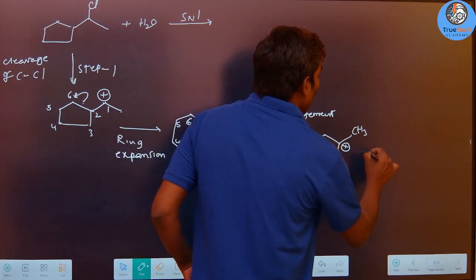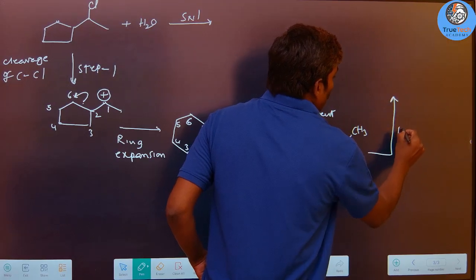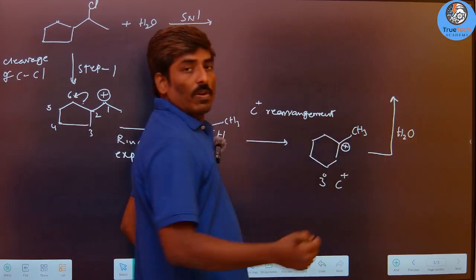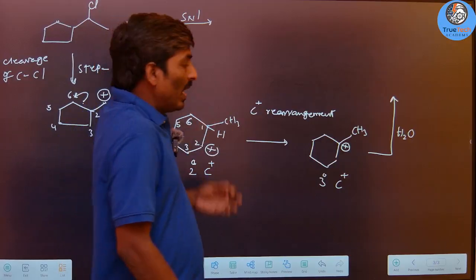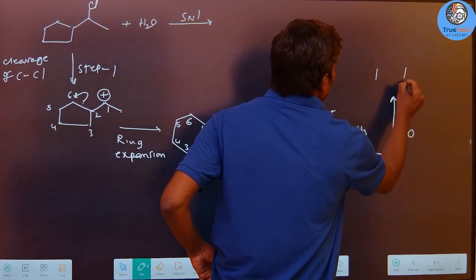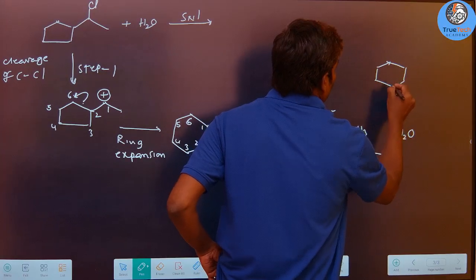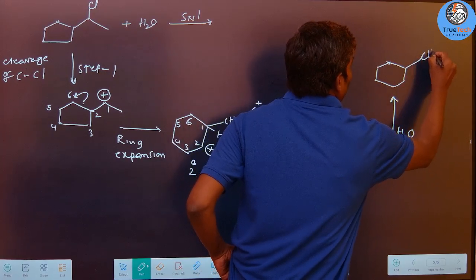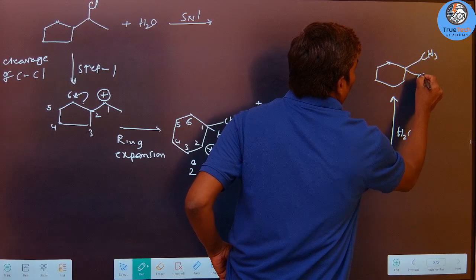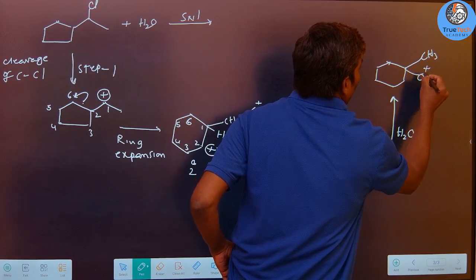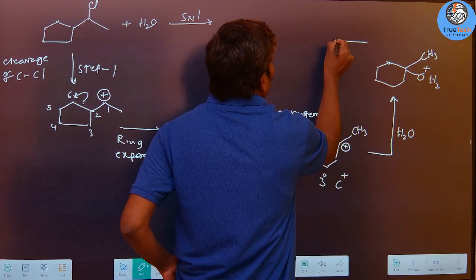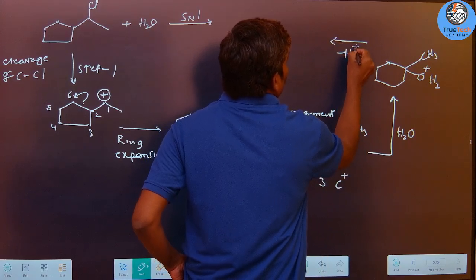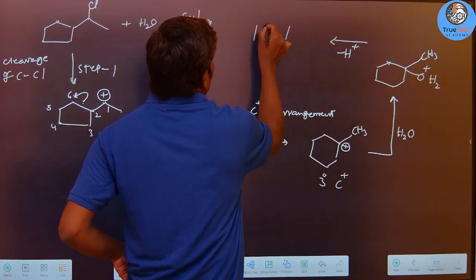And then finally, next is the attack of nucleophile. So here you are going to get the molecule like this, CH3 OH2 plus, and then finally loss of proton, minus H plus.